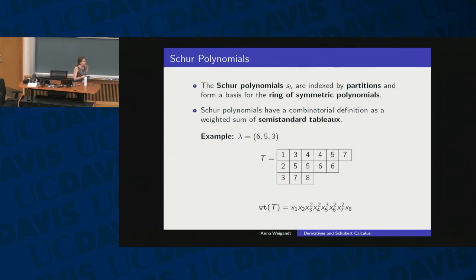One way that we can write them down is as a sum over semi-standard tableaux. We take our partition, write down the corresponding Young diagram shape, and then fill this in with numbers so that along rows we're weakly increasing and along columns we're strictly increasing. Then to each tableau we get a monomial weight by looking at how many of each different number appeared in our tableau, and this tells us the exponent of the different x_i's.